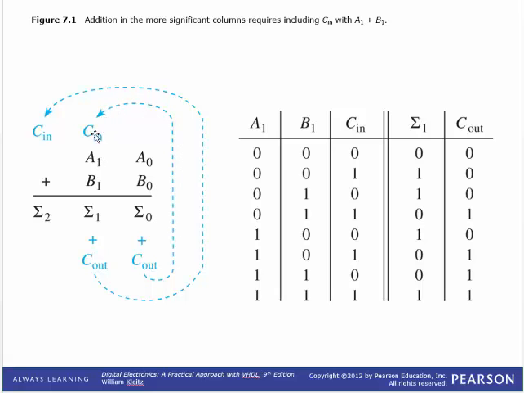Then you have the carry in, and the sum of these three things together makes a new sum, and then there's a carry out, and the carry out goes to the carry in of the next most significant digit. So these devices stack up on a single bit, but with the carry ins and the carry outs.